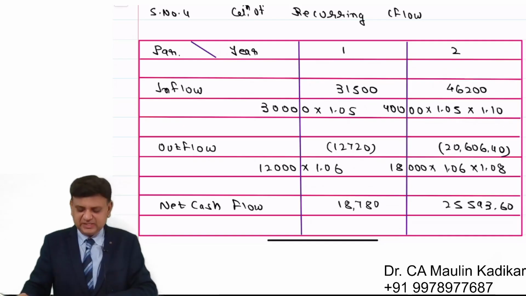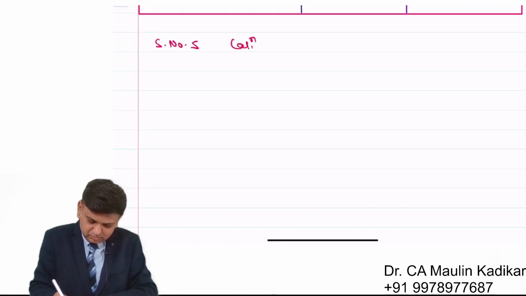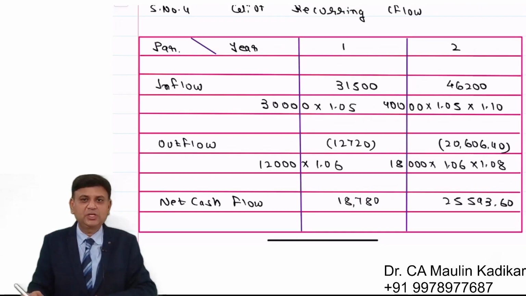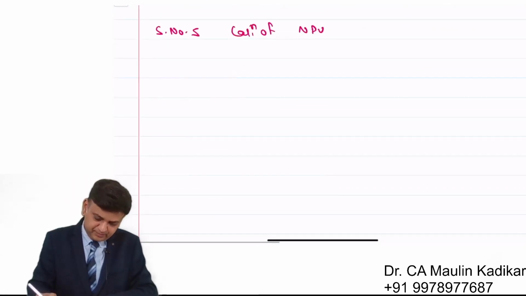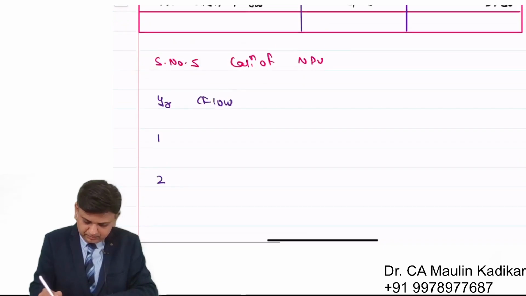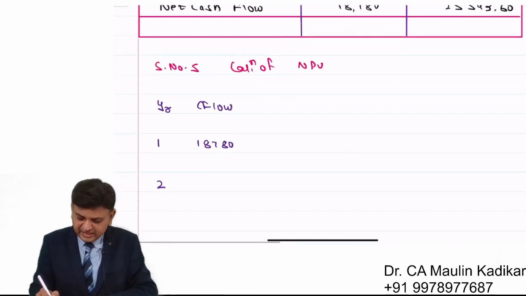Now step number 5 is NPV calculation. In that case, first year and second year cash flows have been calculated by us. It is year 1 and year 2: 18,780 and 25,593.6.